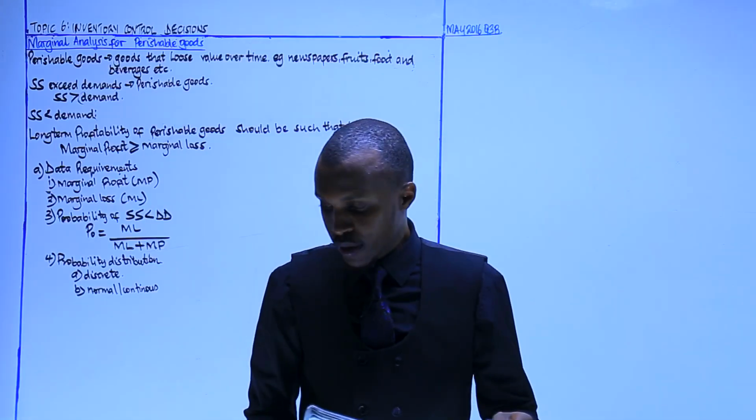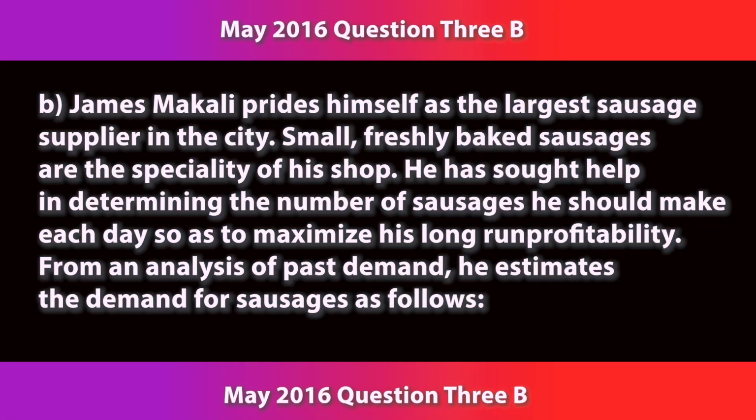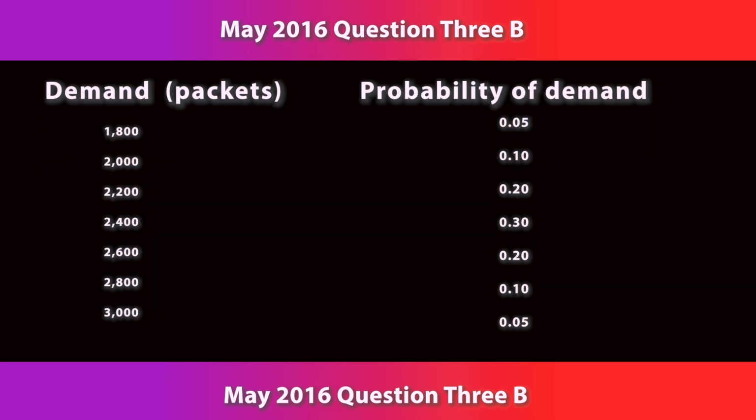James Macaulay prides himself as the largest sausage supplier in the city. Small freshly baked sausages are the specialty of his shop. He has sought help in determining the number of sausages he should make each year so as to maximize his long-term profitability.